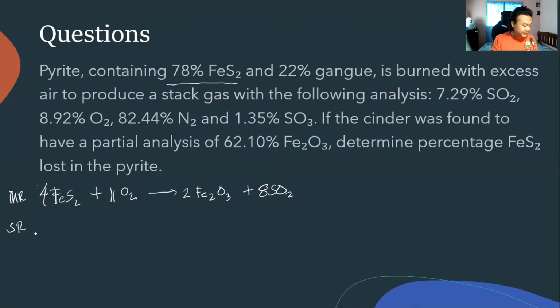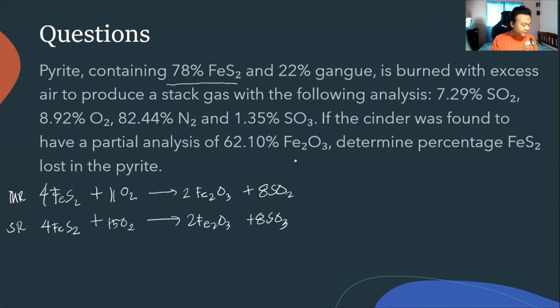So the balanced equation of that is still 4 moles of FeS₂, but now we have 15 moles of O2, and then we have still 2 moles of Fe₂O₃, and 8 moles of SO3. So the only thing that's changed is the O2.